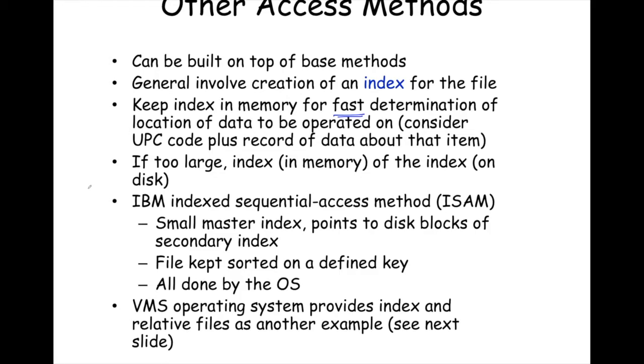Now, if you consider something like a UPC code, for maybe you're selling items in a store, for example, and you have some other record of data about that item, you might want to identify the file by the UPC code, and then you use UPC code to index or refer to some other location on the disk where you find all the other data.